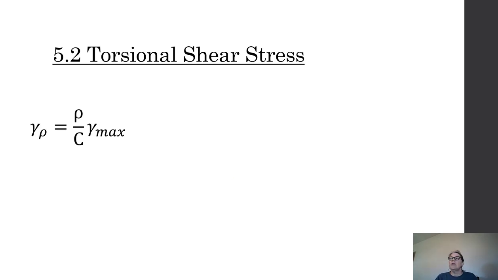Now that we have this equation, with a relationship between strain on the outside fiber all the way into the middle, which is going to be 0, if we take G, our shear modulus of rigidity, and we know that shear stress equals G times shear strain, we can get the same equation set up for shear stress.